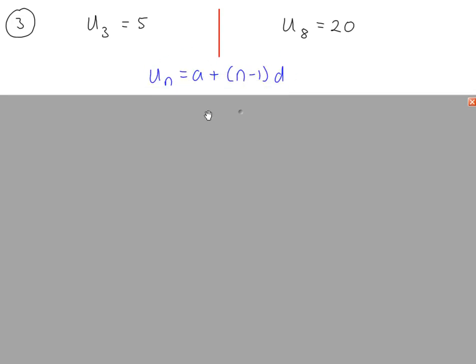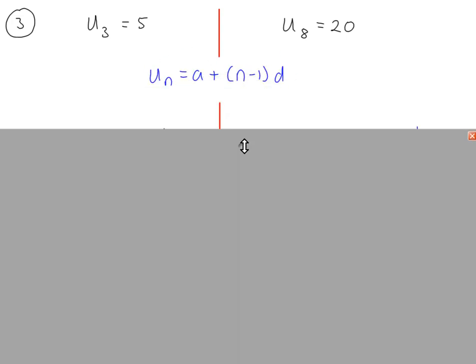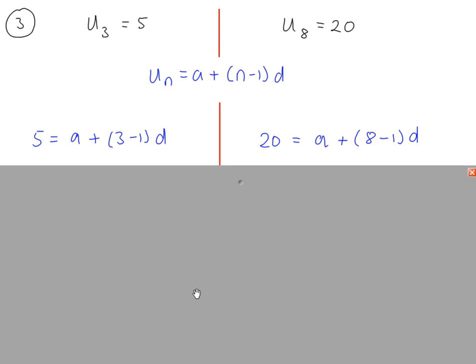Okay, the general formula for arithmetic sequences. If we substitute what we know into this formula, the actual term 5 goes in here, and the term 20 goes here. That represents this part. We don't know what a is. We know here n is 3, so that goes here, and here n is 8 because it's the 8th term, so that goes here.